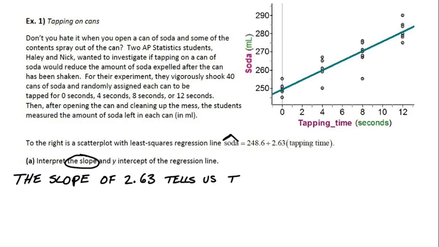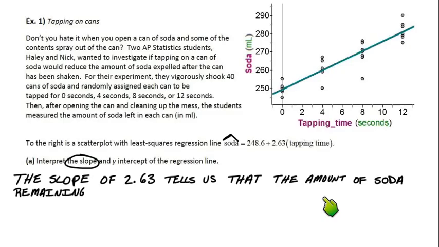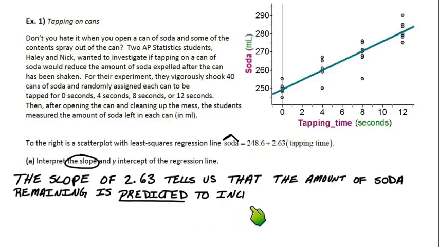Or you could say that the amount of soda remaining, because it didn't explode, is predicted to increase by 2.63. And I underline predicted because that's just like an average estimation based on all these points.